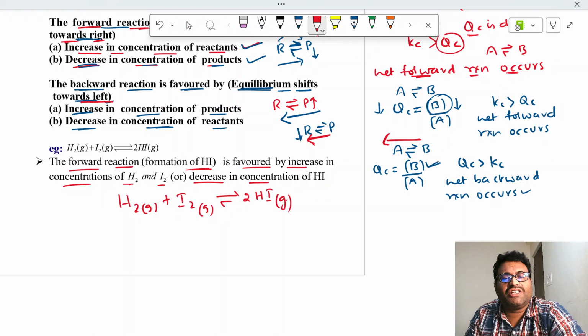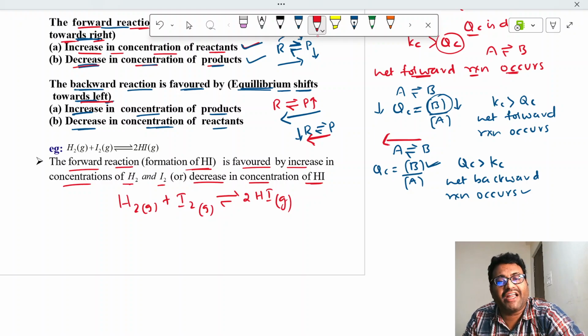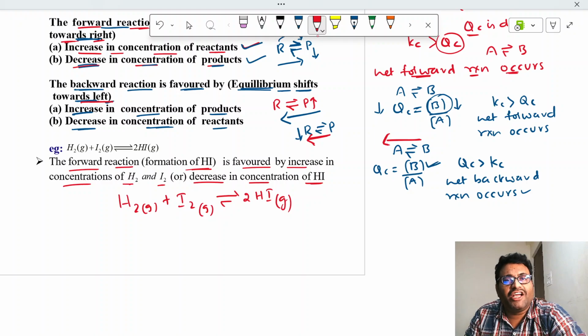Or decrease in the concentration of HI. If you decrease the concentration of HI, that means some HI is removed from this vessel. Some of the HI is removed, so that is to be replaced. If it has to be replaced, what happens? H2 and I2 must react and form HI, so forward reaction occurs.